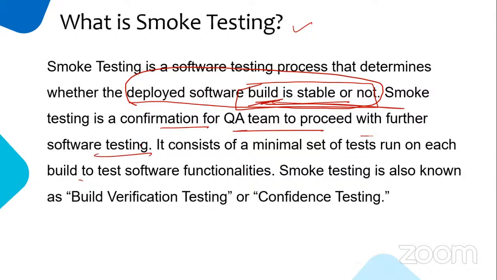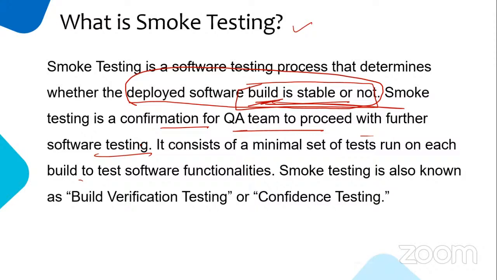Before starting the testing itself, we do a small testing called smoke testing. Why do you want to do it? Just imagine you ran 100 test cases, and after that you find the build is not stable and the application is not working. How many hours did we waste? The entire day. Rather, you spend about 30 minutes to find out whether you can start testing or not.